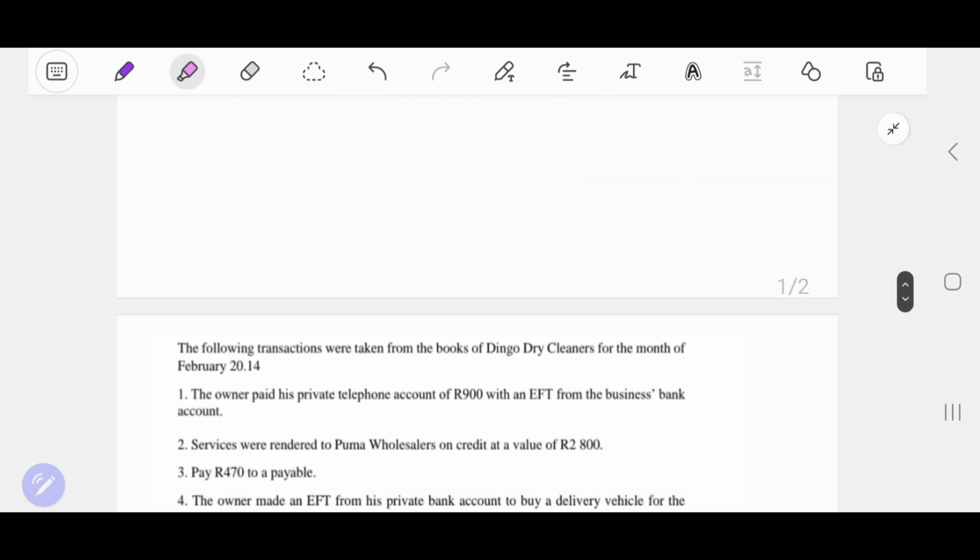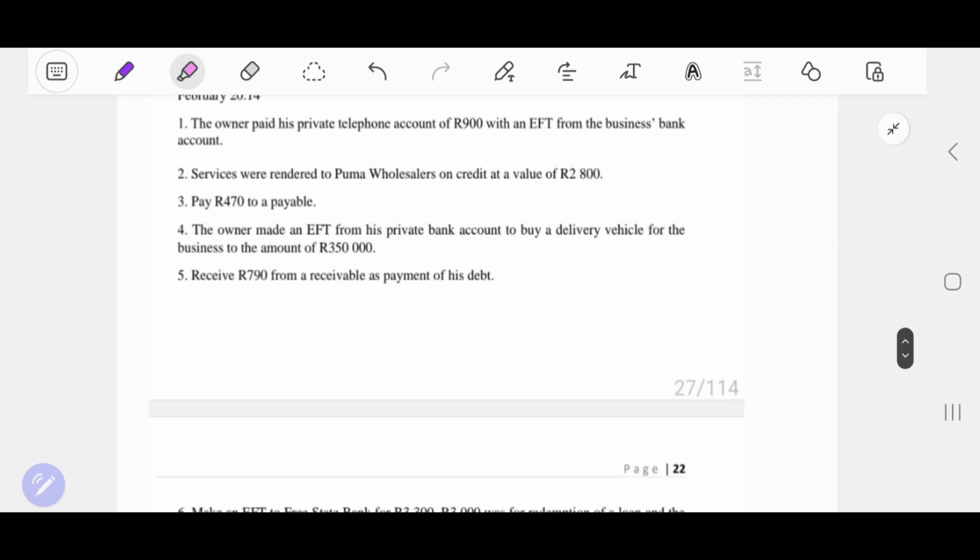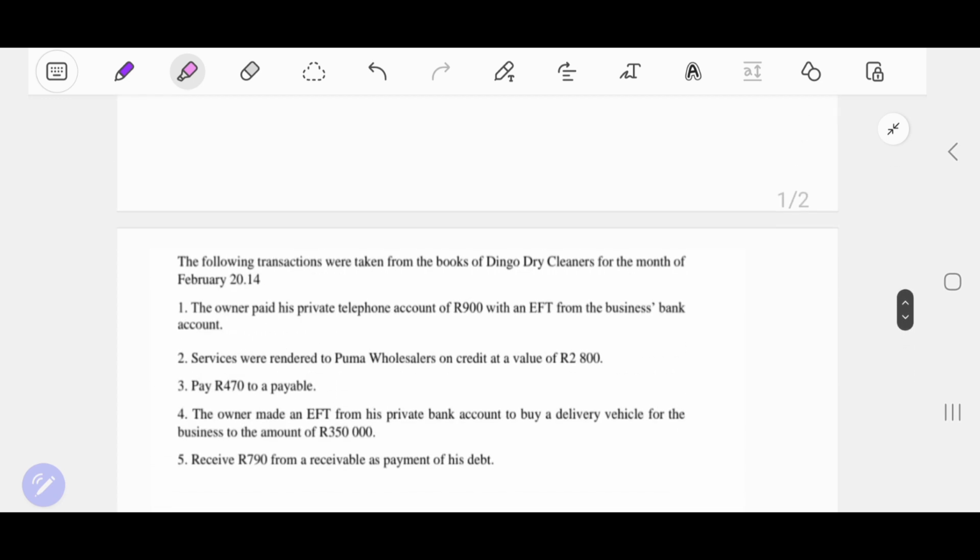So for me to be able to do that, let's just take an example. Remember what I said. The goal is to take the raw data in the form of daily transactions, and then we put those daily transactions in the first book of entry, and that first book of entry in this instance is the general journal. So how do we do that?